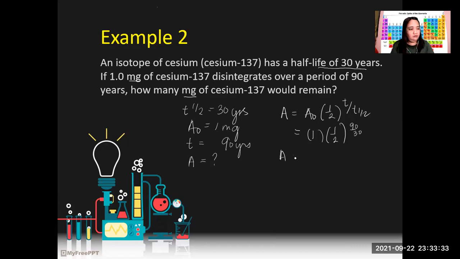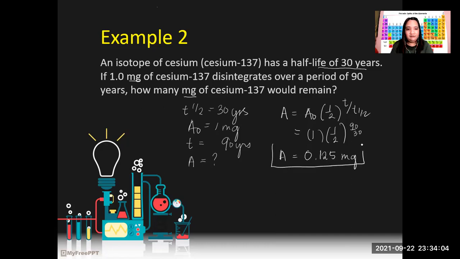A is equal to 1/2 raised to 90 over 30. I'm getting 0.125, and that is in milligrams.